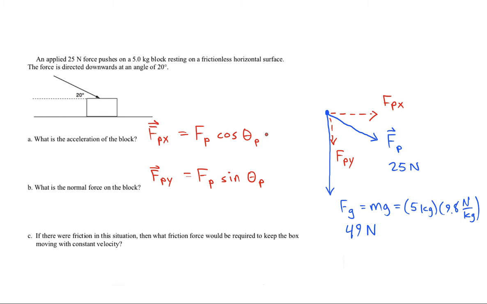And if I want to put them into vector form so that the left side matches the right side, we need to put an i on this one and a j on that one.